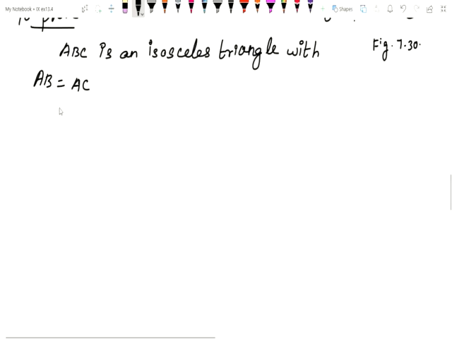So first we are going to prove ABC is an isosceles triangle. I will draw the diagram here.